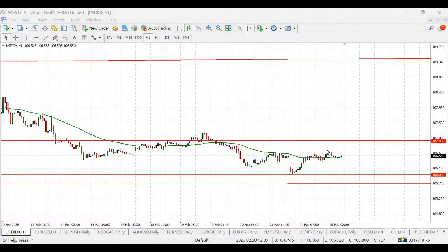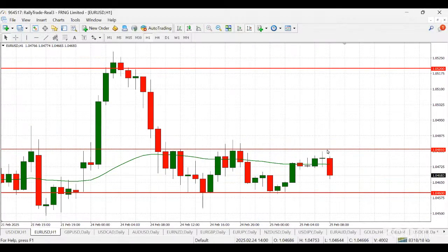So for Euro USD too, we see this consolidation between 1.048 and 1.046 on the 1 hour time frame. Okay. So as it is now, until we get more clarity in terms of direction, we'll be selling at resistance back at 1.048 and look for buy opportunities around support at 1.046 until we get a clear breakout of this consolidation phase. Okay.